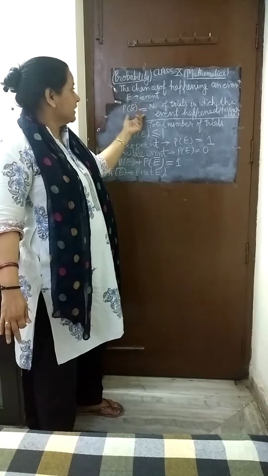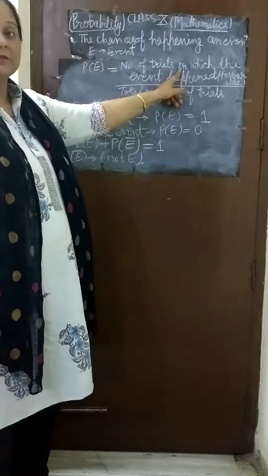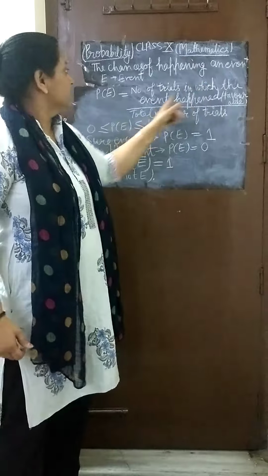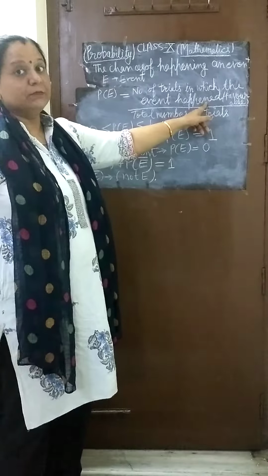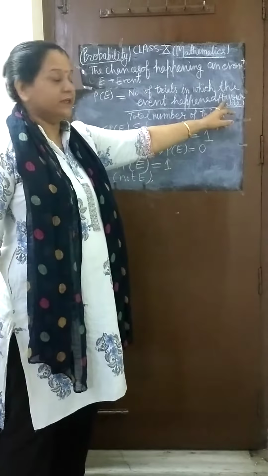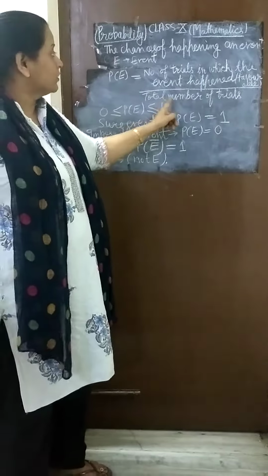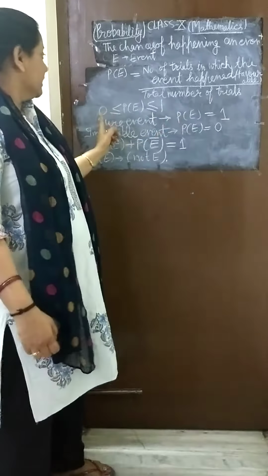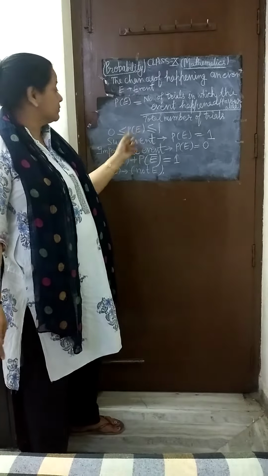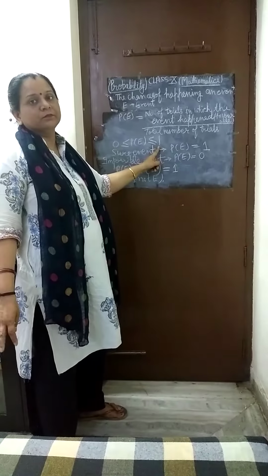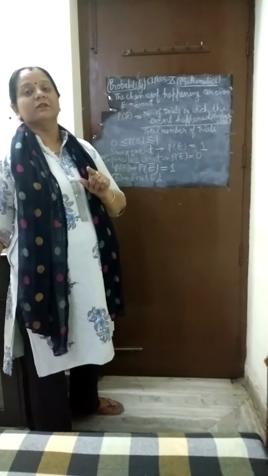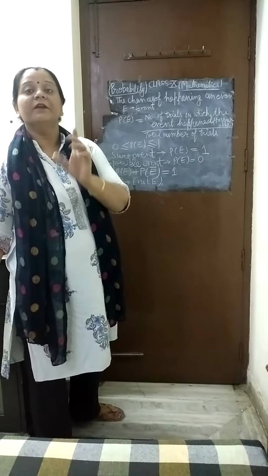Now the formula for that is the number of trials. Trials mean throwing or taking out a ball from the bag in which the event happened, meaning favorable, meaning what you want to get, those are the favorable events, divided by the total number of trials. Okay, now the value of probability always lies between 0 and 1. You can say a sure event means happening of that event, chances of happening of that event are 100%.